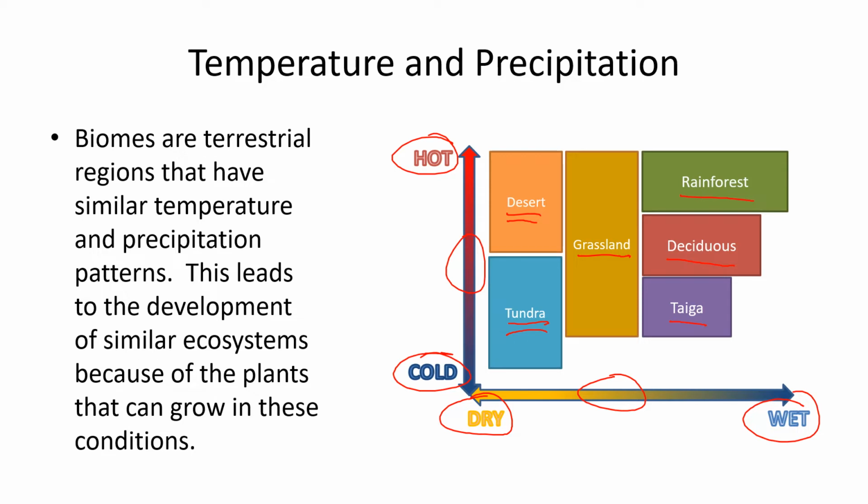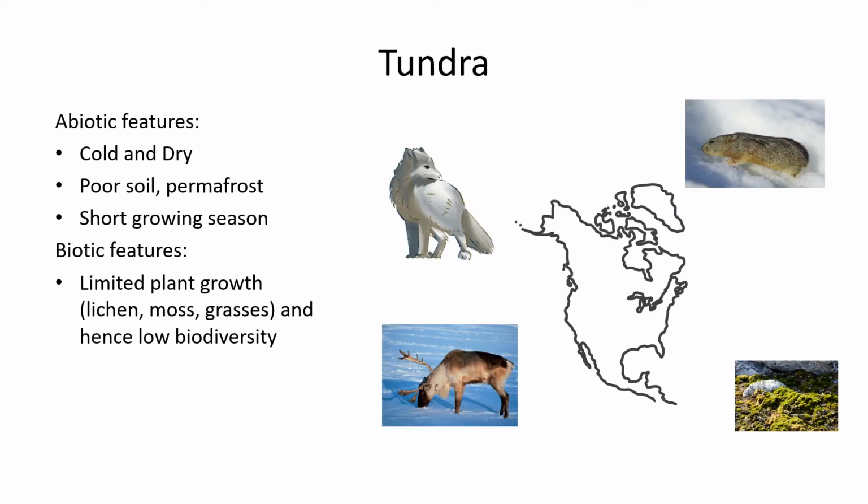All right, so let's take a little tour of the biomes of North America and learn a little bit about them. So again, we're going to start at the cold and dry end of things, and that would be the tundra.